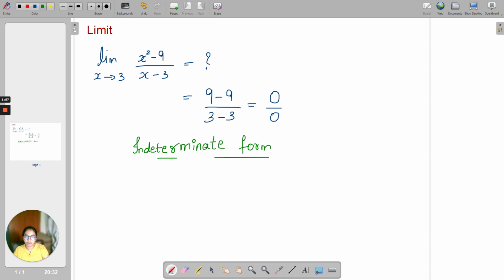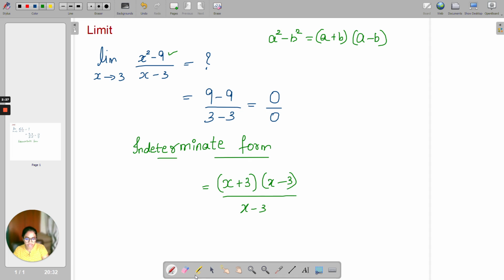This is in the form of a square minus b square. What is the formula for a square minus b square? Isn't it a plus b into a minus b? So if I write this using the formula, I would get the limit as x tends to 3 of x plus 3 into x minus 3 divided by x minus 3.